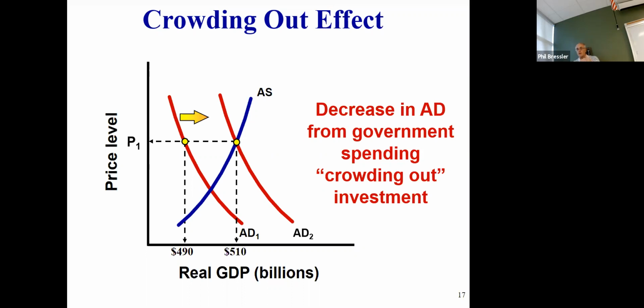We know if interest rates go up, business investment goes down. So in crowding out, business investment goes down, and we don't get the full effect of the multiplier. Crowding out occurs because government spending drives interest rates up, which decreases business investment. Okay?